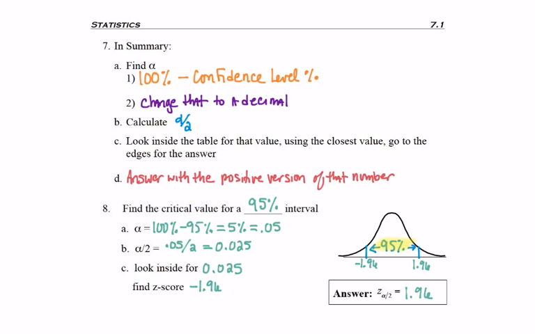If we're 95% confident, then 5% of the time our confidence interval will not contain the true population mean, and that 5% is split between the left and the right tail, so that we actually have 2.5% or 0.025 in each of the two tails.